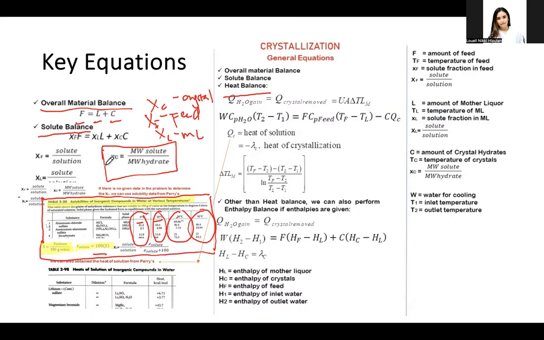Now, for X solute, in order to find the solute fraction, or your X sub L, that is the solute fraction in your mother liquor, you are going to divide the calculated X solute over X solute times 100 plus 100, sorry. So, use this formula here.